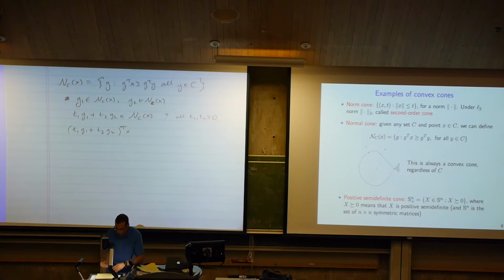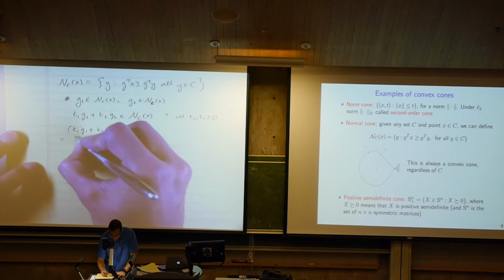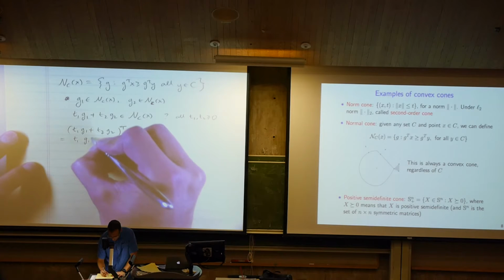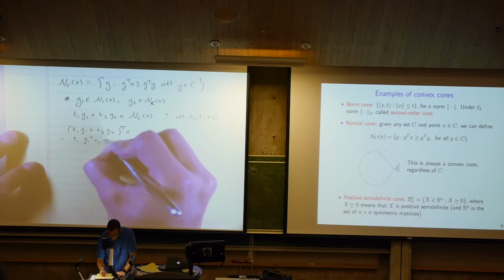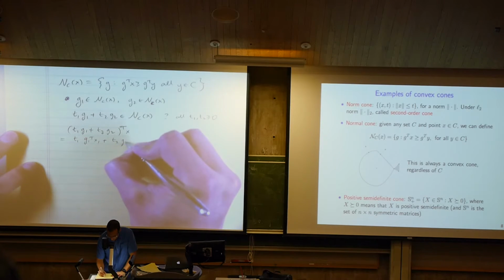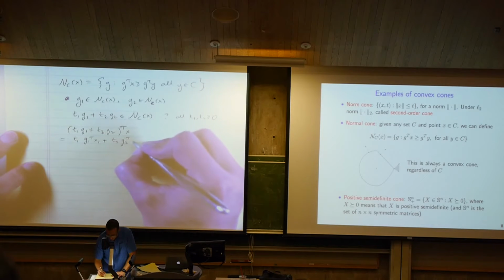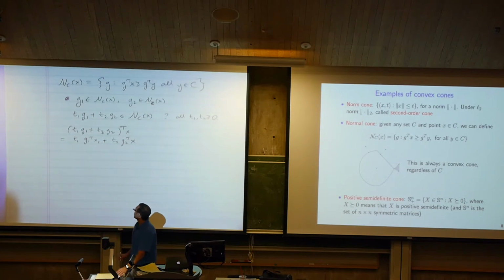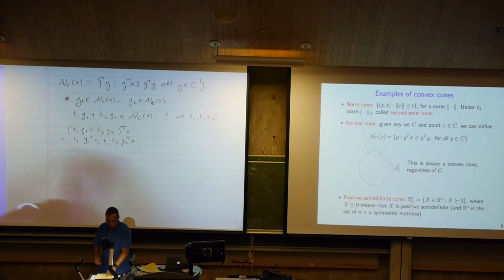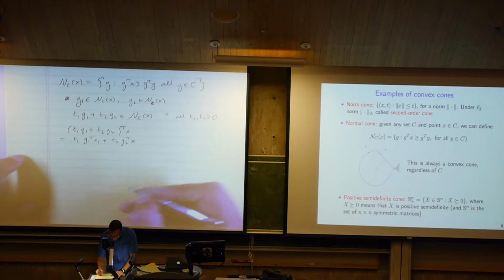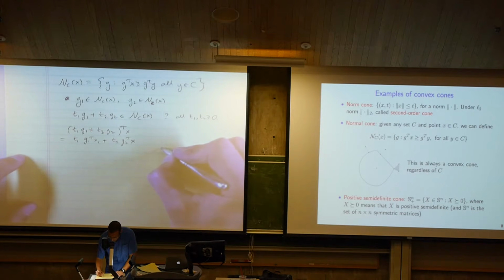First I can just expand this out, since the inner product is a linear operator, and take the inner product of G1 with x, G2 with x, and then multiply by T1 and T2 and carry that through.